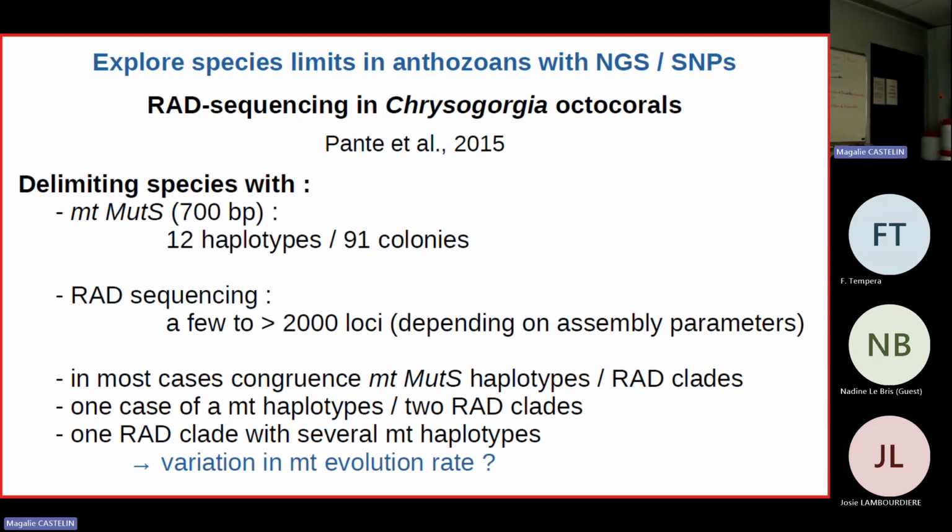And this is very interesting because we go back to what I said: we had the idea, of what we usually say, including myself, that mitochondrial DNA has a low evolutionary rate, or slow evolution, in octocorals, but there are some variations.